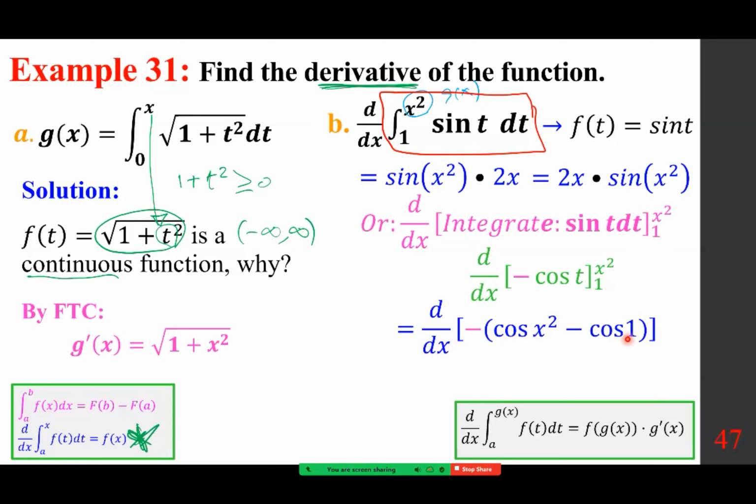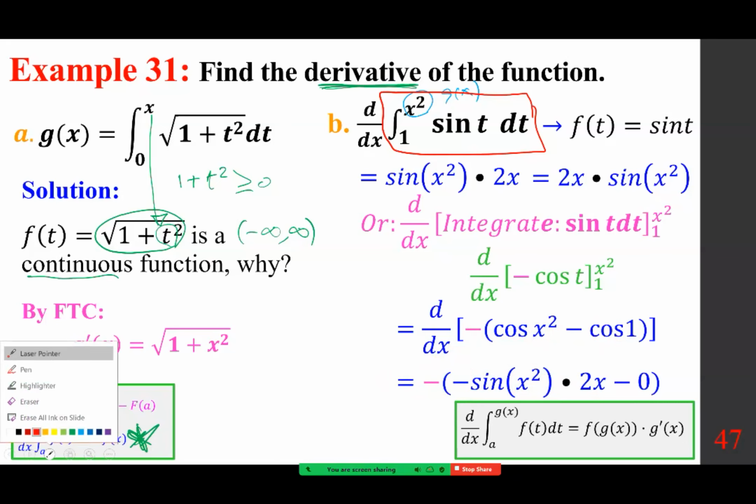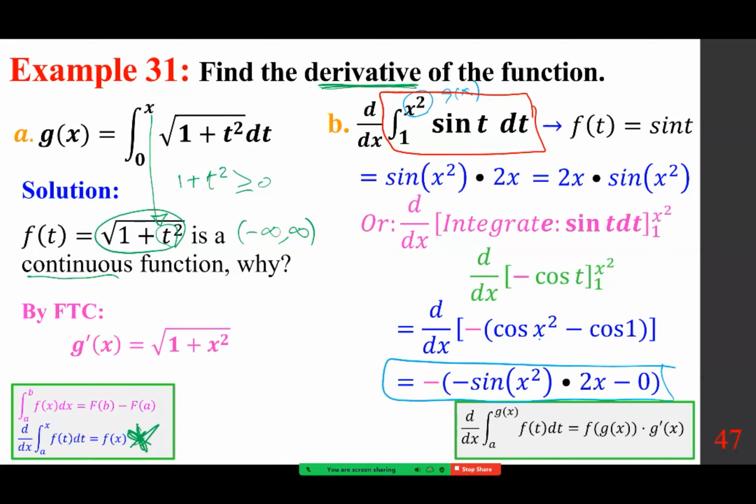Cosine 1 or cosine 5 or cosine of 2 pi over 3 is some number. The answer for this one is 0, everybody. So again, this gives you 0. Cosine x squared gives you minus sine x squared times 2x. This negative sign remains. And I hope you can see that this is the same as this expression.